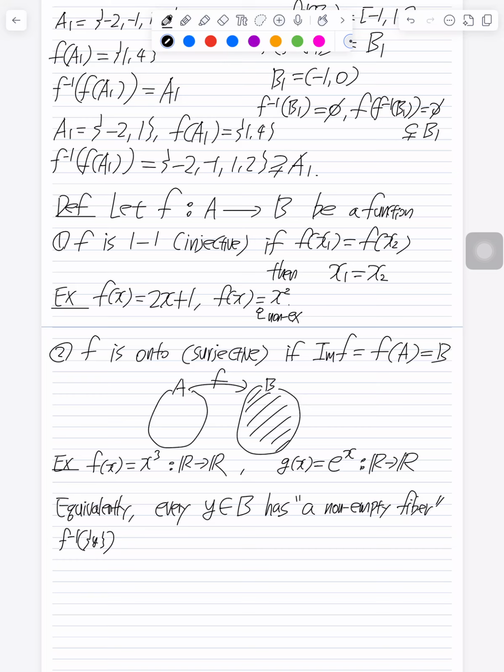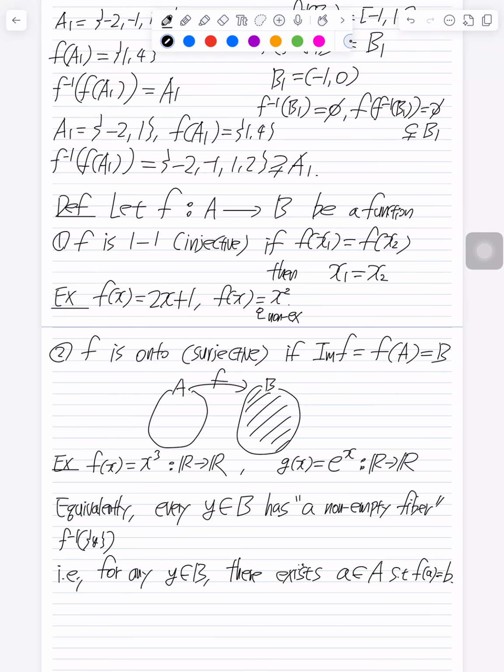And we will also say for any y in B, there exists a small a in capital A such that f of a equals y.